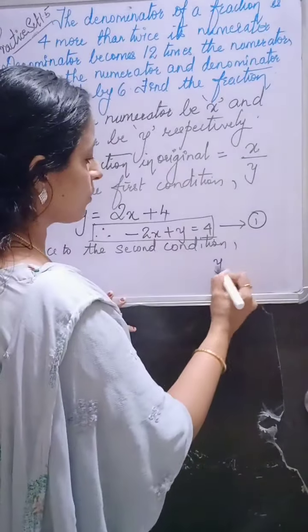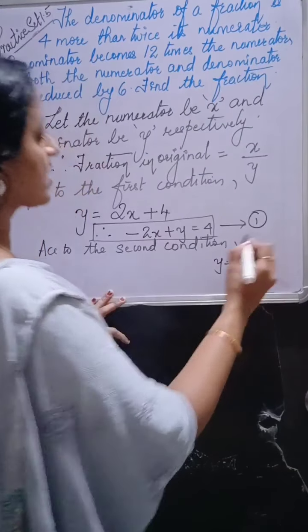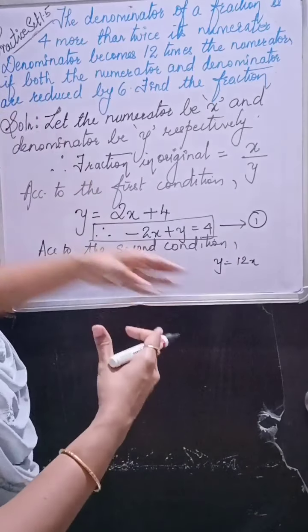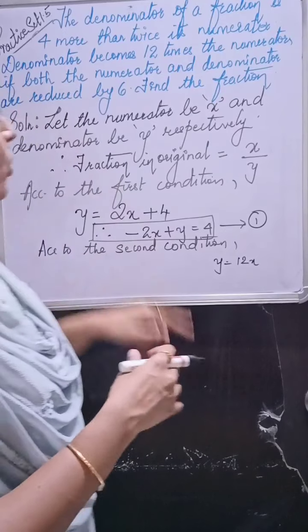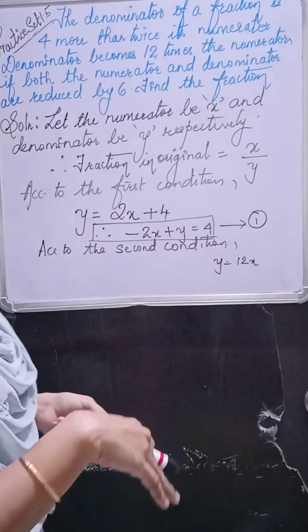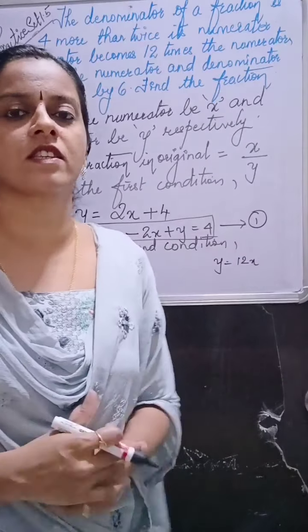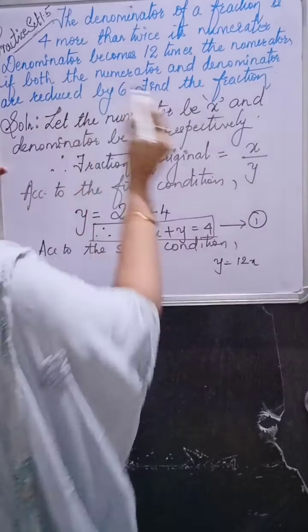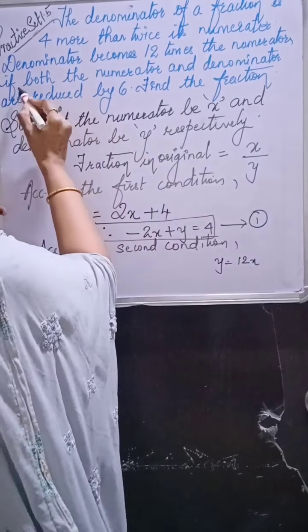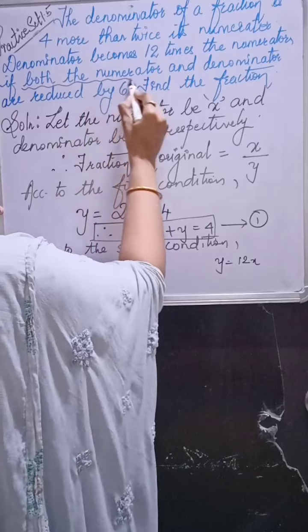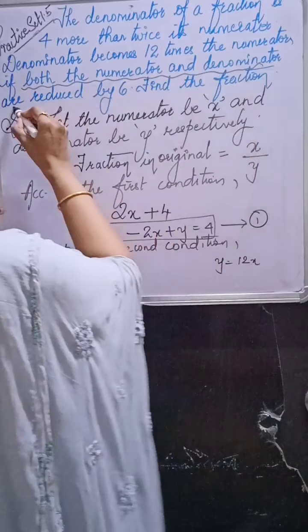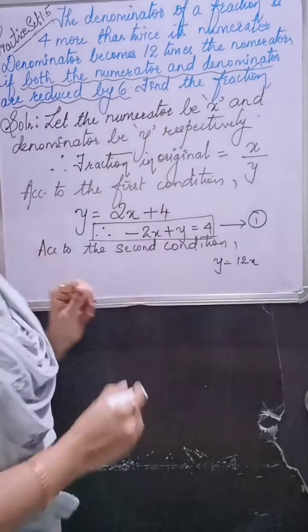So y is equal to 12 times x. When is it in this form? If both the numerator and denominator are reduced by 6. The main part is coming later.